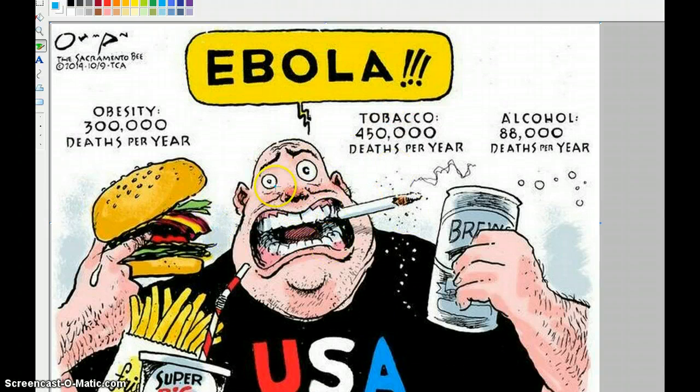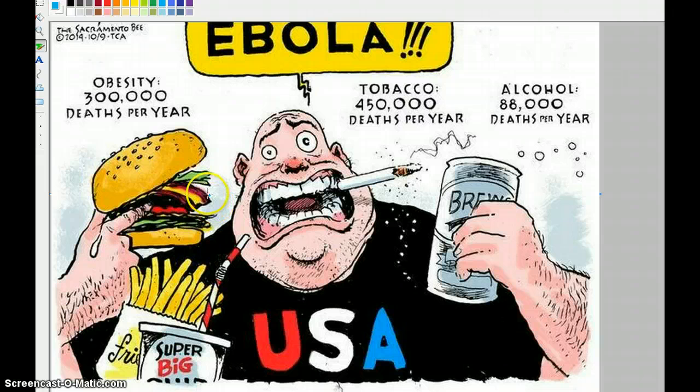We know that from the panic-stricken expression and the word bubble. So he's freaking out about getting sick and dying from Ebola exposure, yet he is knowingly endangering himself with this poor diet leading to obesity, with the tobacco leading to cancer and death that way, and with alcohol consumption leading to death as well.